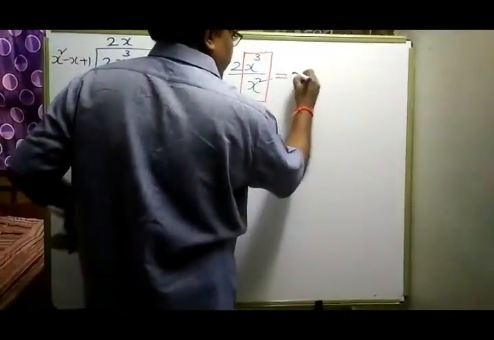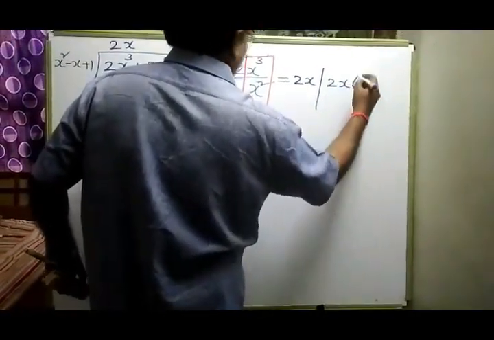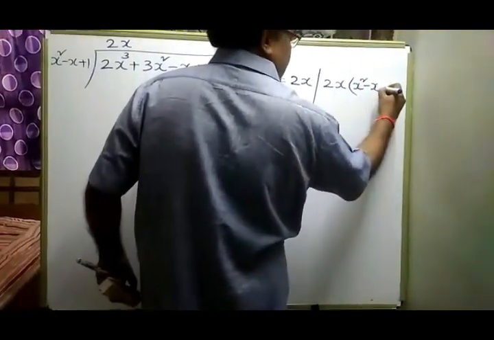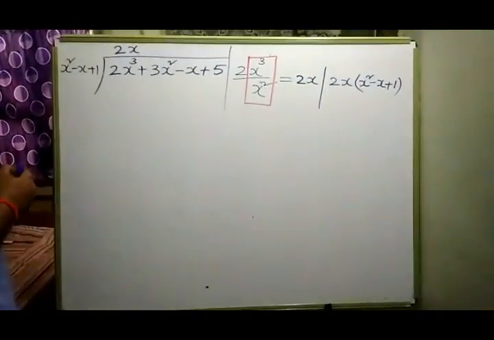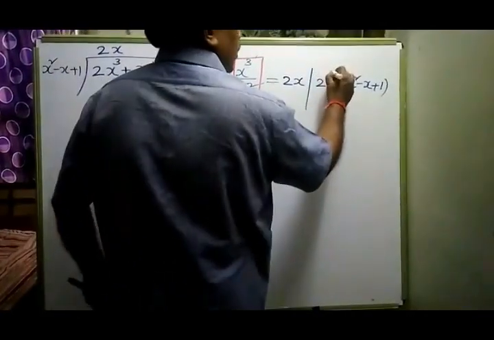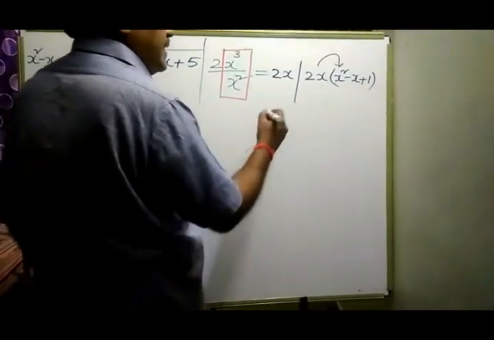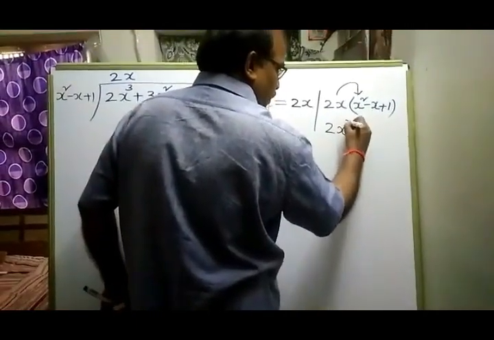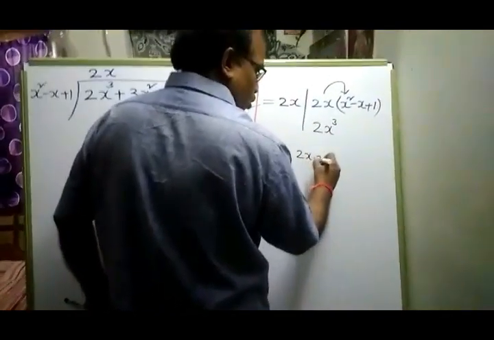Now this partial quotient 2x into the divisor x square minus x plus 1. The divisor is a quadratic polynomial. Now multiply: 2x into x square.